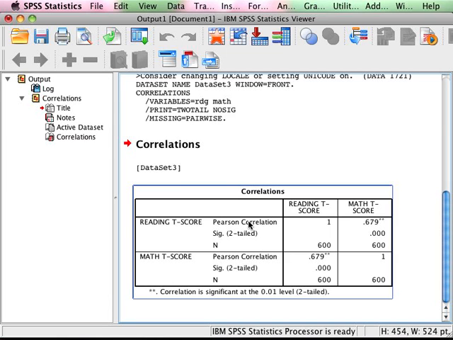Could you make that interpretation? 46% of your math score is based on your reading score. Can be explained by. Fair enough. But that would go the other way around too. Absolutely, because it's a non-directional hypothesis. So in other words, you could say that 46% of your reading score can be explained by your math score.